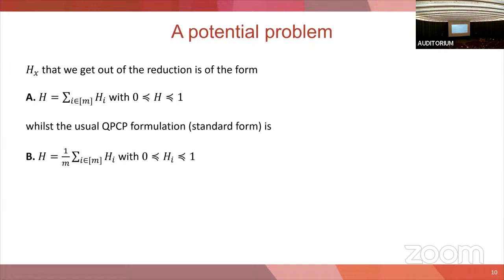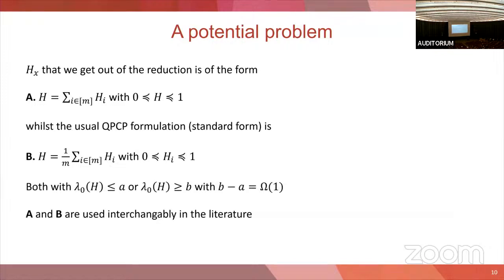But we'll see why this is a problem later, because the useful QPCP formulation actually has a 1 over m there. So you have 1 over m times the sum over these local terms, with a promise on the operator norms, or the spectrum, of all these local terms. And of course, both still have this constant relative promise gap, and they are used interchangeably in the literature.